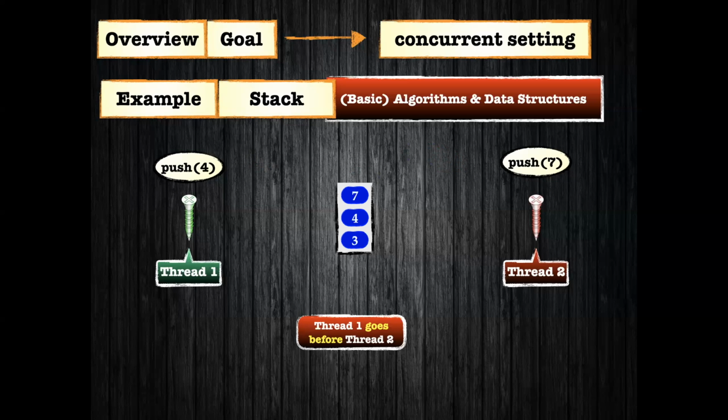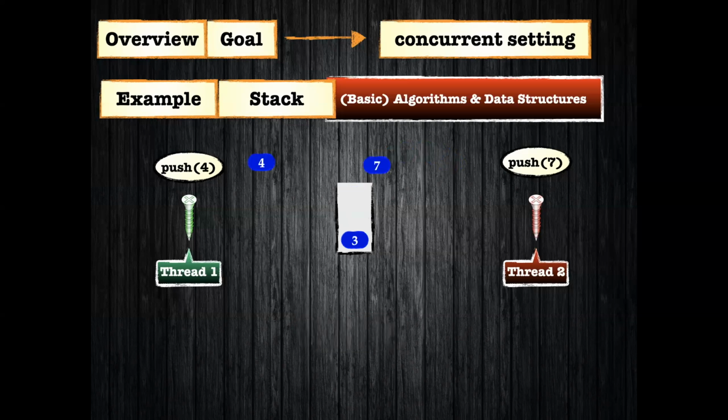What does it mean to take effect? This we have to define, but for the sake of this example, we say that takes effect means that you perform the operation. So in this particular scenario, for some reason, we decided that the green thread, thread number 1, goes before the red thread, which is thread number 2.